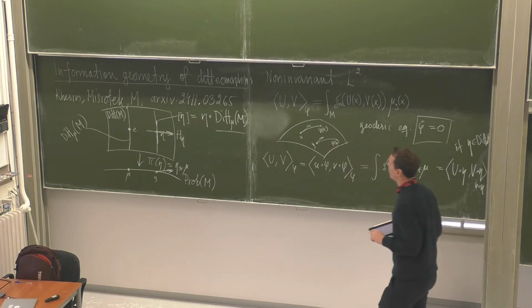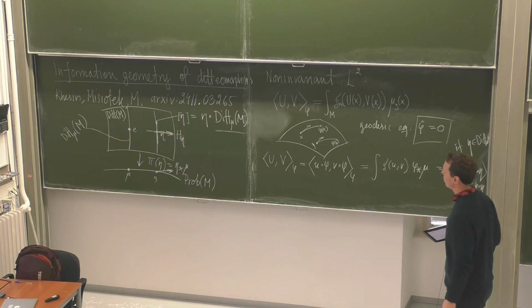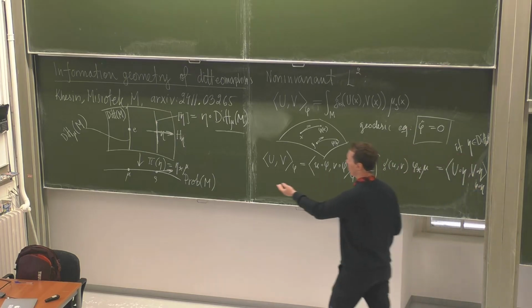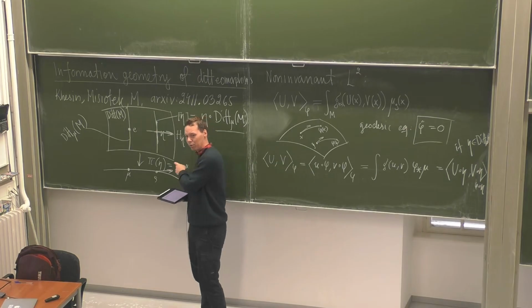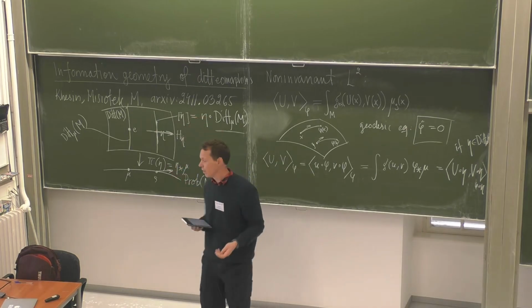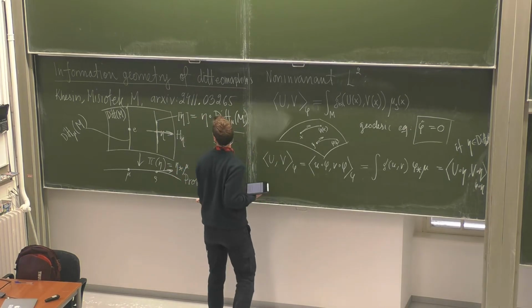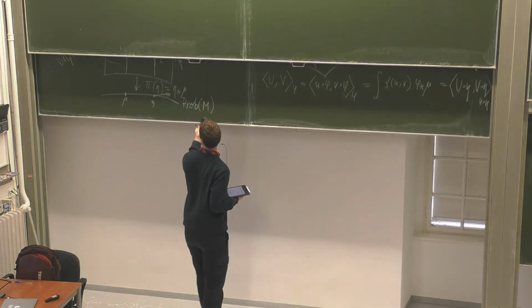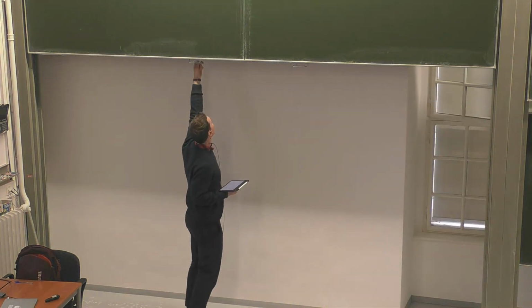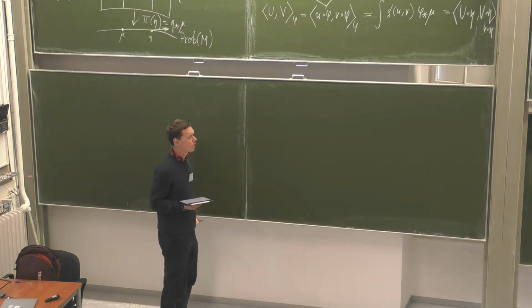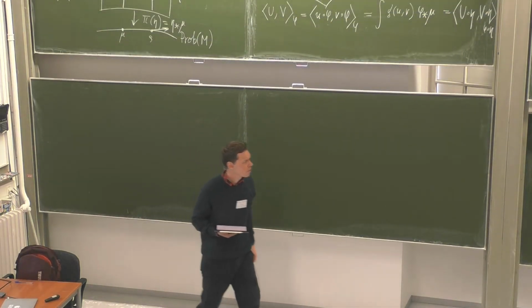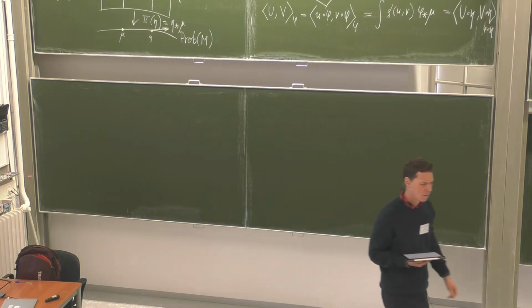So let me now continue with the same picture, but for the pullback projection instead of the pushforward. See where that can lead us. On the fiber space, you have an L2 metric.